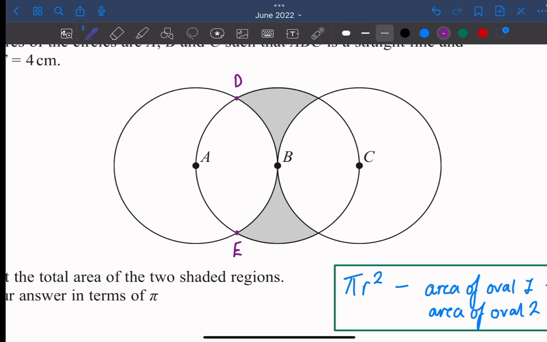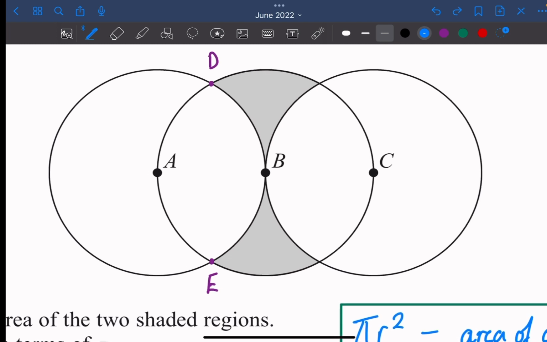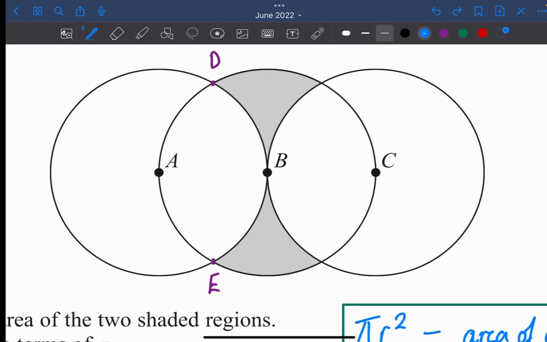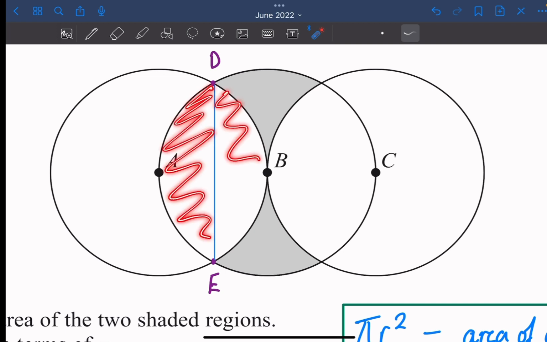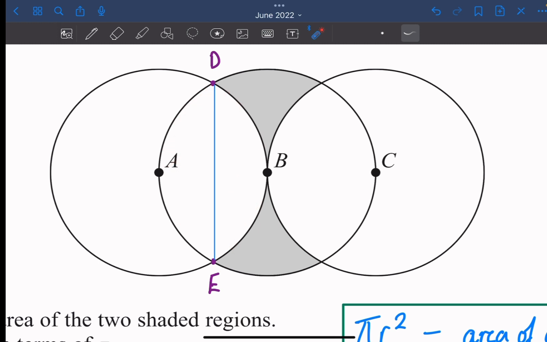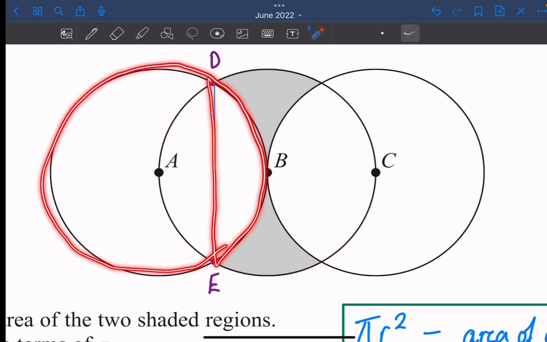All right. So when you see a question like this, there is no formula to work out that area. But you can deconstruct the diagram, and that's what you have to do to answer this question. If we split it into these 2 bits, we can see that we have one segment here and one segment there. This segment is a segment of this whole circle, and this one is a segment of that whole circle.